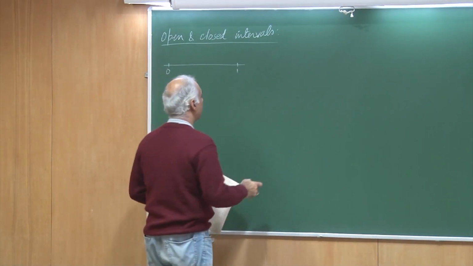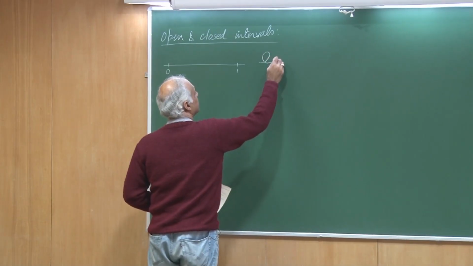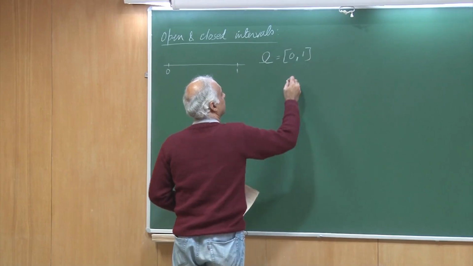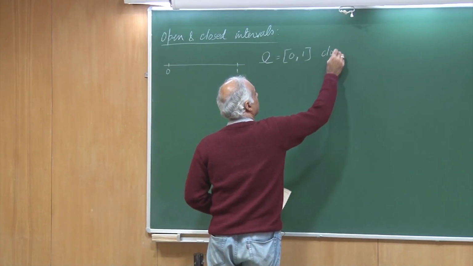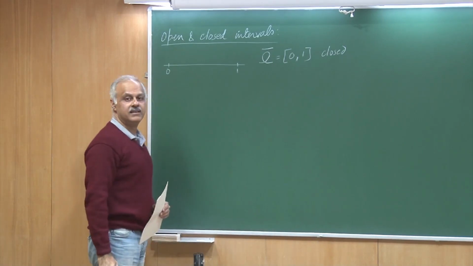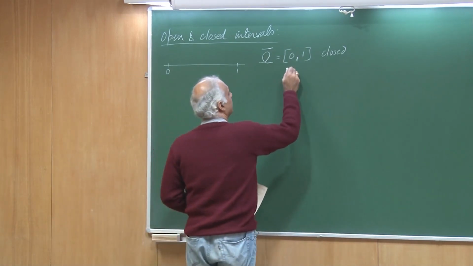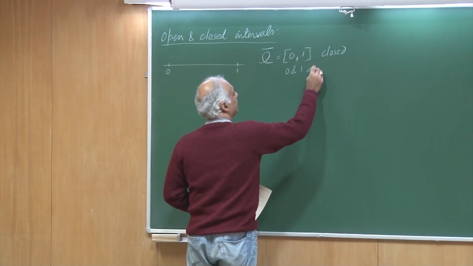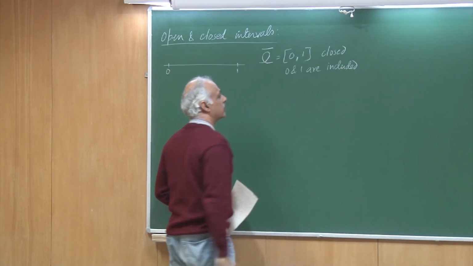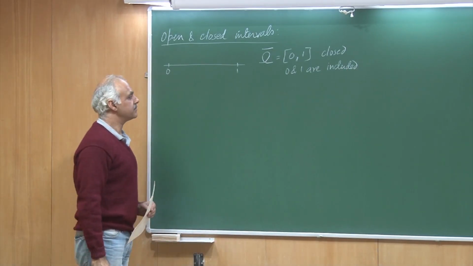And if I talk about the domain omega, which is 0 to 1, then this is a closed domain, and I put a bar on top of it just to show that 0 and 1 are included. So the boundary points are included.